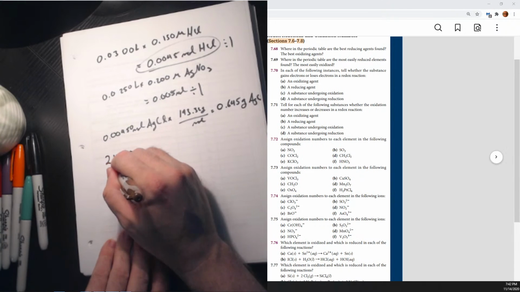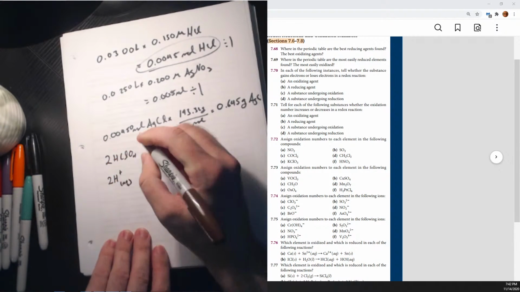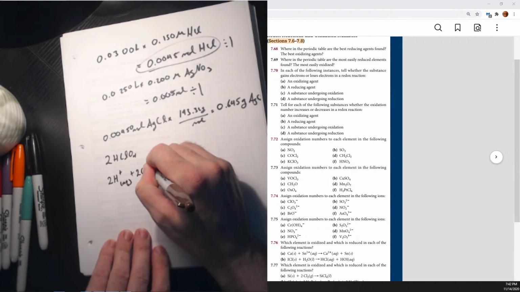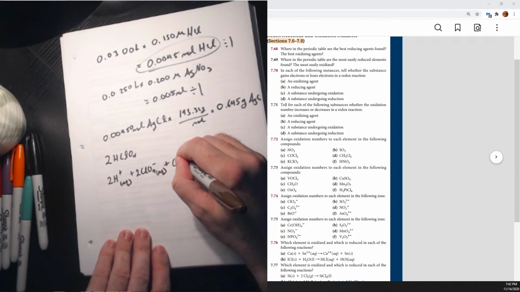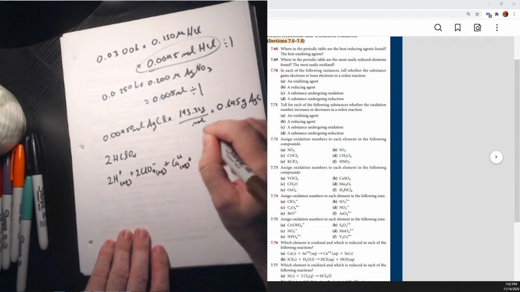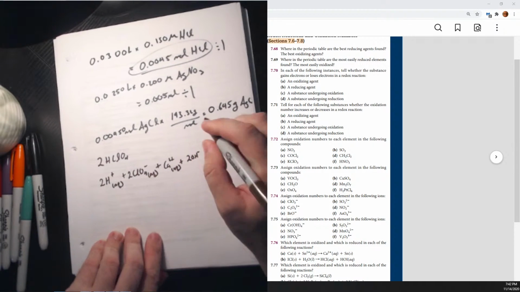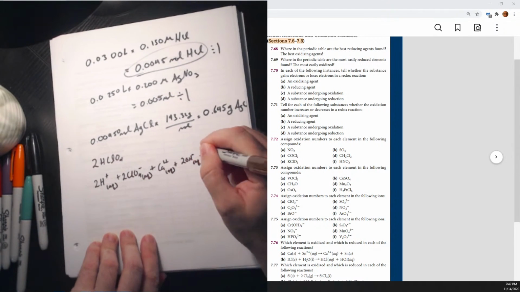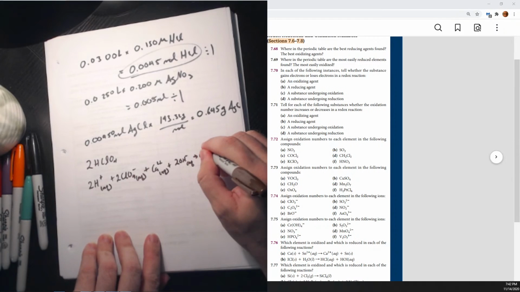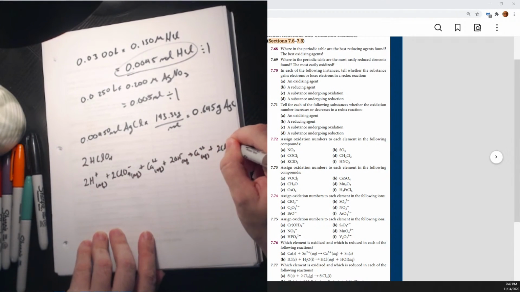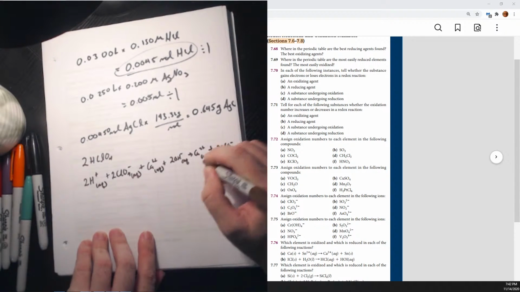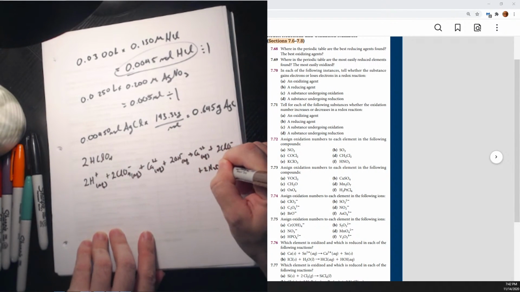So 2H plus, 2ClO4 minus plus calcium 2 plus, 2OH minus yields calcium 2 plus, 2ClO4 minus plus 2H2O liquid.